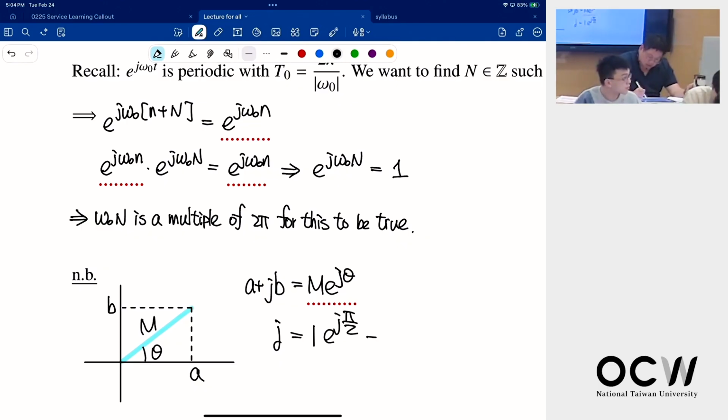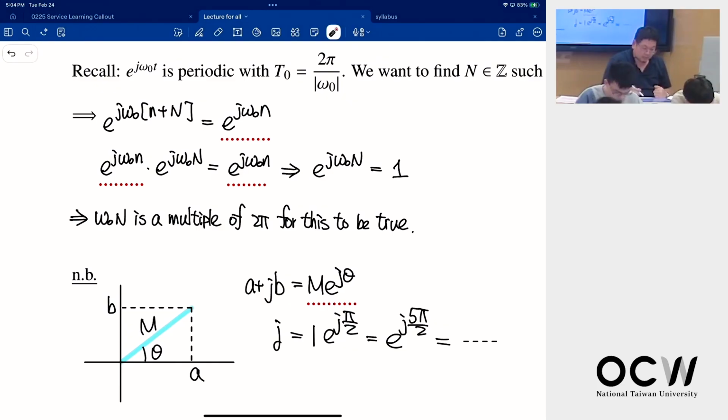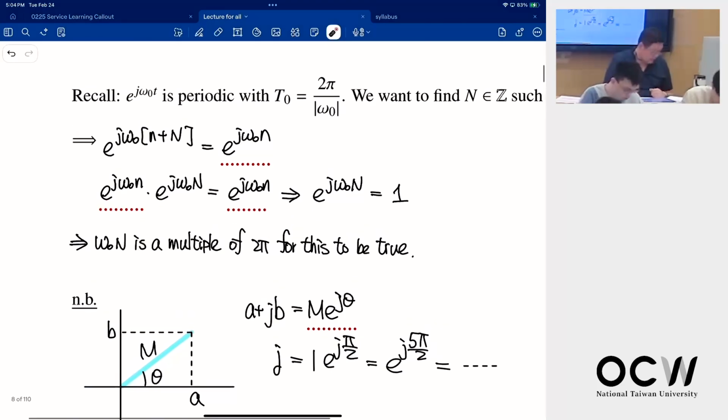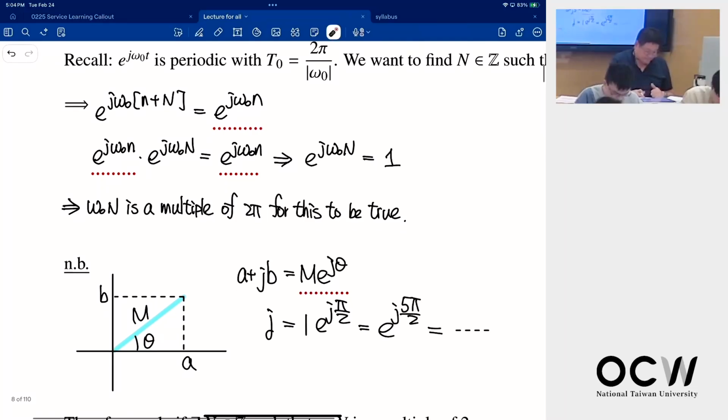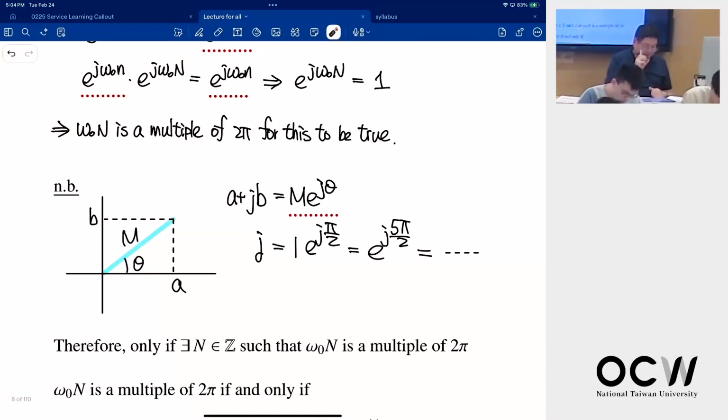This is equal to e to the j 5 pi over 2, and so on. So here it should be every 2 pi. So that's why, when n is an integer, omega naught capital N should be a multiple of 2 pi to make sure that they are periodic.